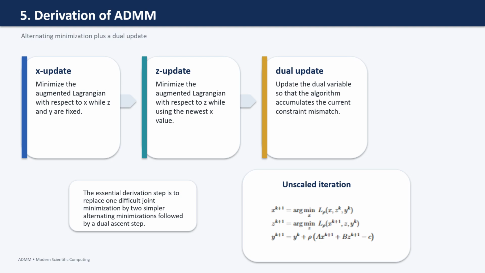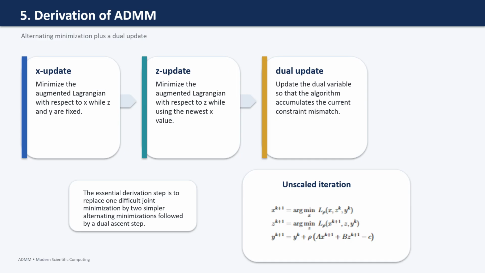We only minimize with respect to x, and this mainly solves the function f of x along with the quadratic penalty term. The second step is the z update, where after we have done the x update, we keep that newest value of x, but still keep the dual variable fixed. By solving this subproblem, we involve g of z along with the quadratic penalty term again, and update z.